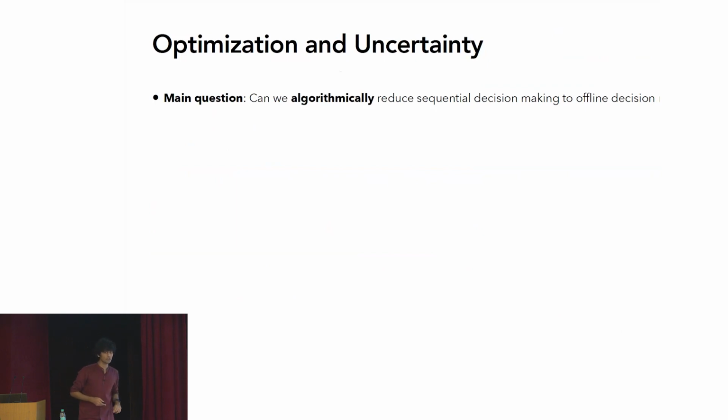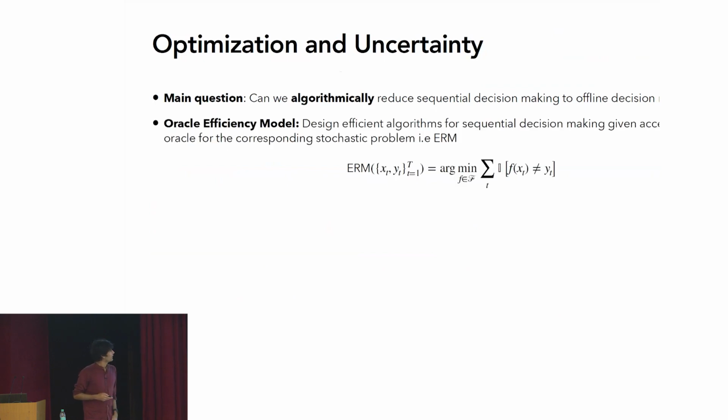Okay. So the next question is whether we can algorithmically reduce sequential decision making to offline decision making. Here the neatest model to think of is the Oracle efficiency model.